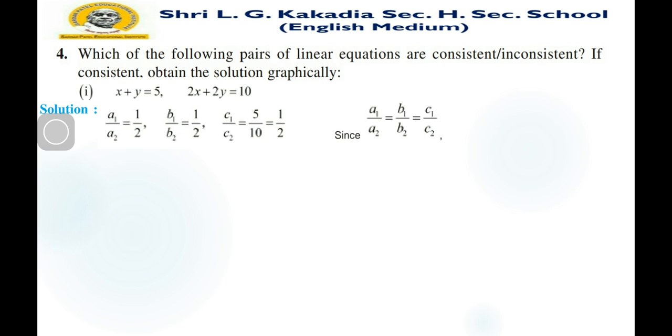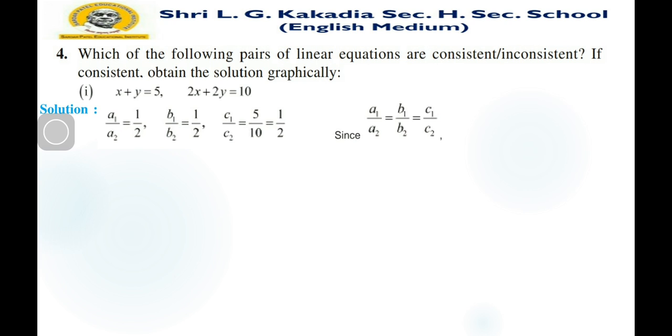Both the lines are parallel to each other, and we know that both the lines coincide, that is, lie on each other. Here from the solution we can find that both the lines coincide, means both lie on each other.